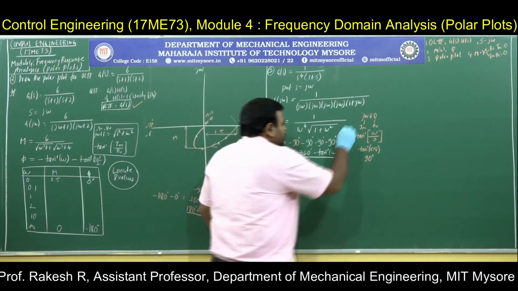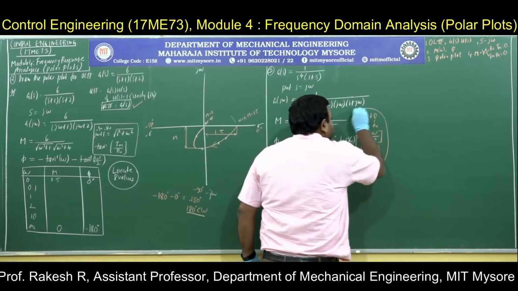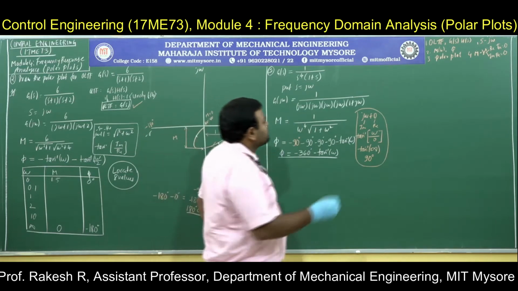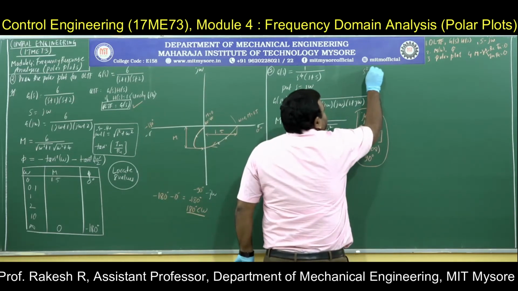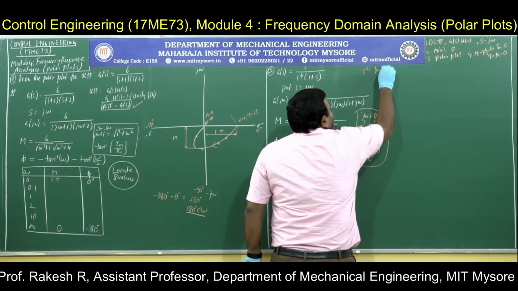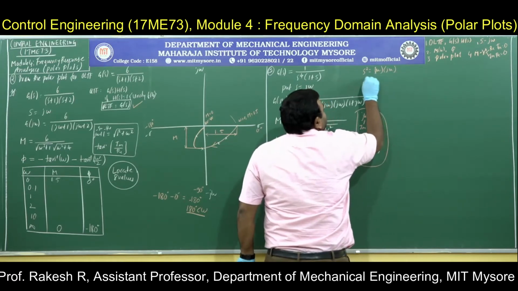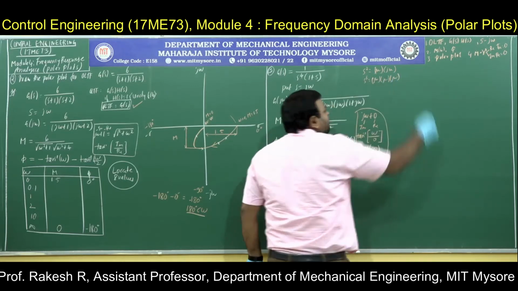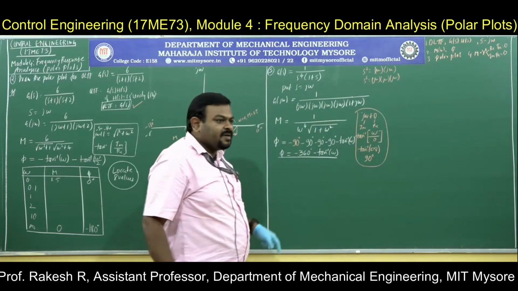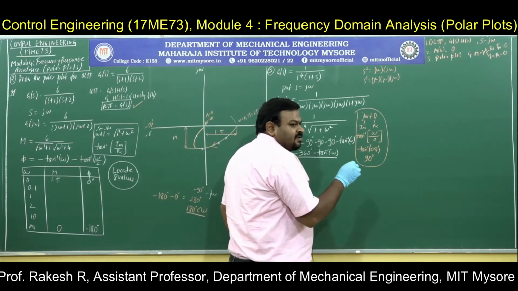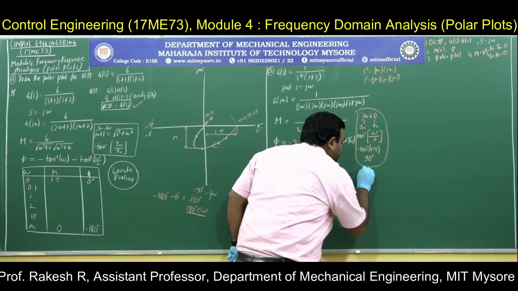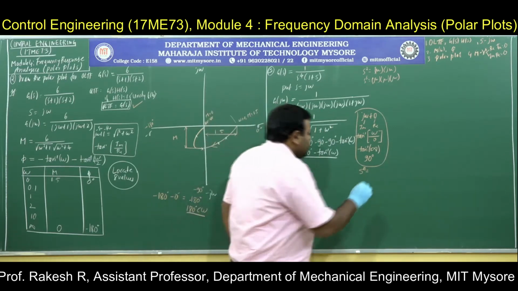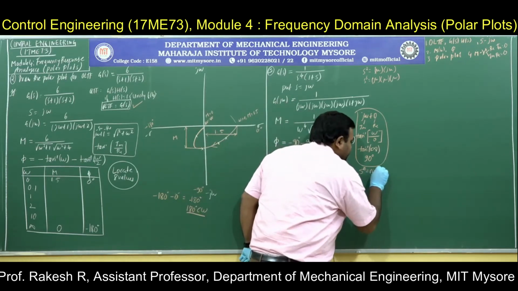Because of this I have done j omega. So if you have s square, you can write j omega into j omega. If it is s cube, j omega, j omega, j omega. S to the power of 4, same thing. But what is the phase angle? If you have s to the power of n, it is n into 90 degree.